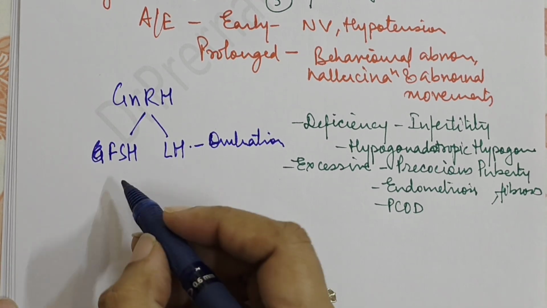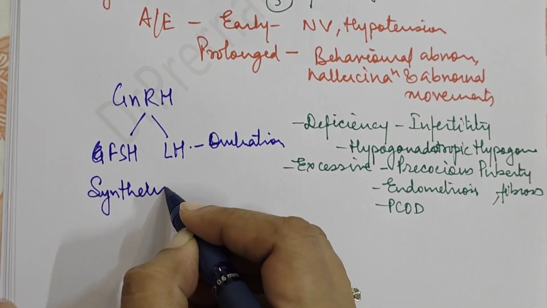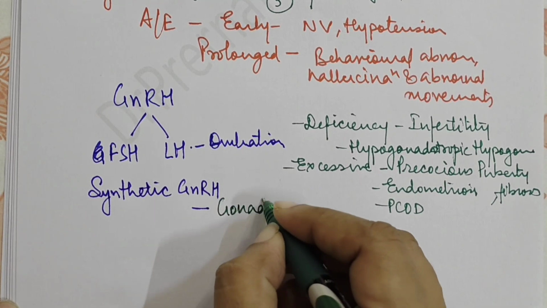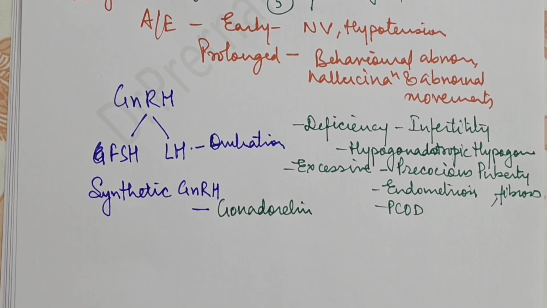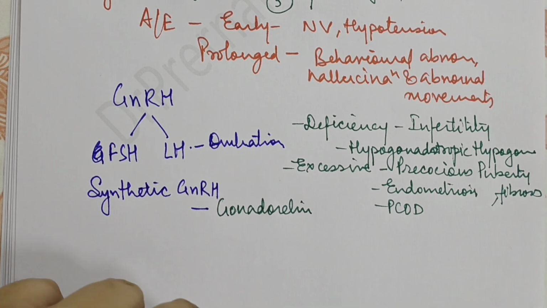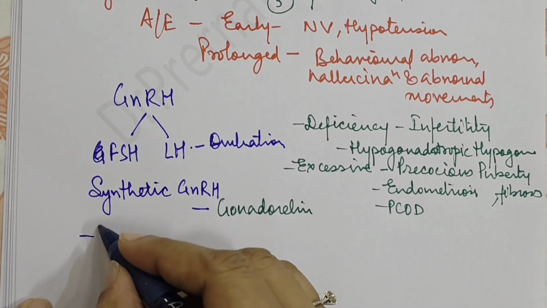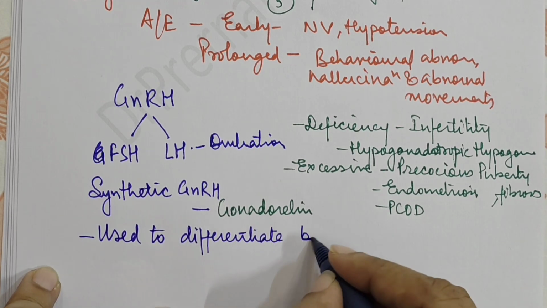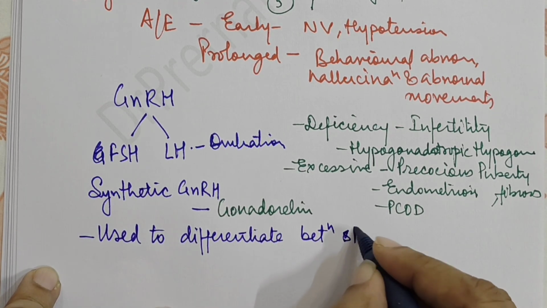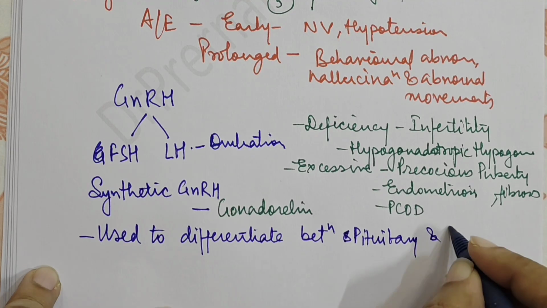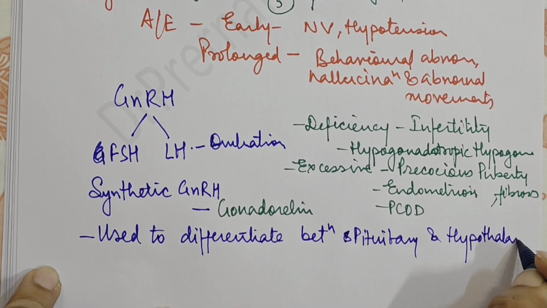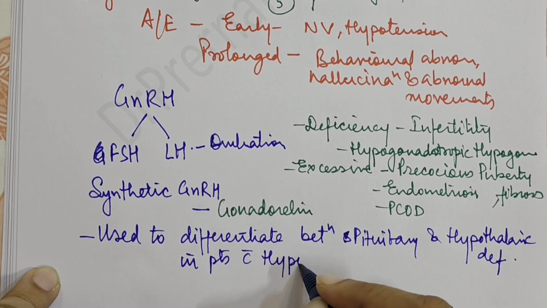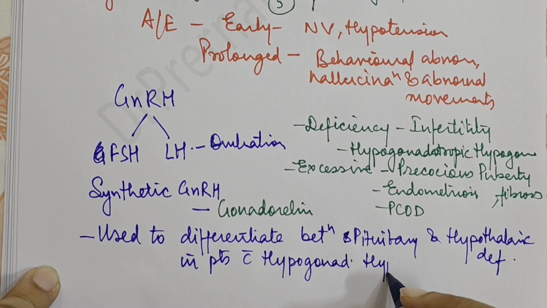Okay, now there is something called synthetic GnRH. Now what is synthetic GnRH? It is called gonadorelin. Right? Now synthetic GnRH is actually used to differentiate between pituitary and hypothalamic deficiency in patients with hypogonadotropic hypogonadism, right?